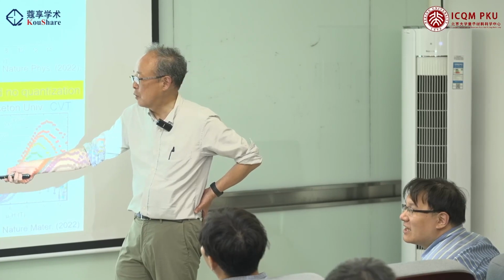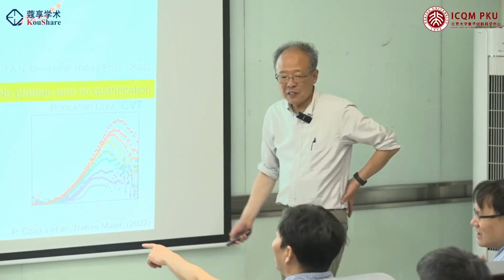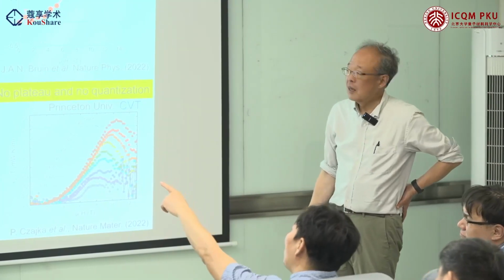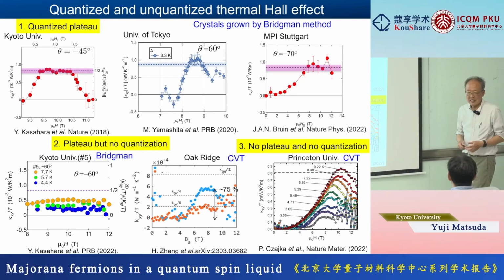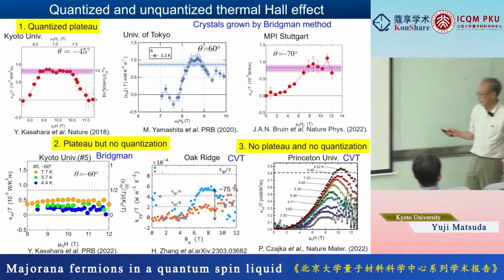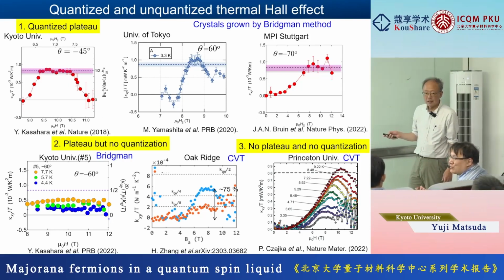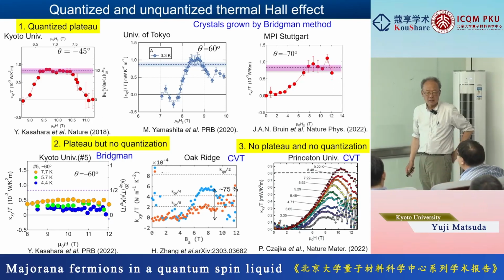That means it contains many impurities. Somehow the growth methods are the same originally, but they are different batches. It should be slightly different in disorder, right? Impurity. Yeah. It is a quantized Chern number.